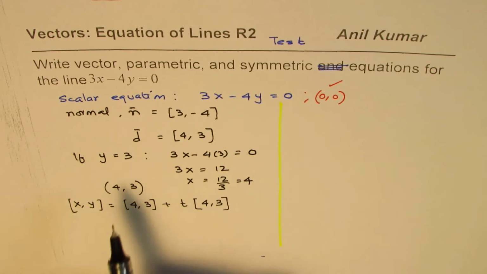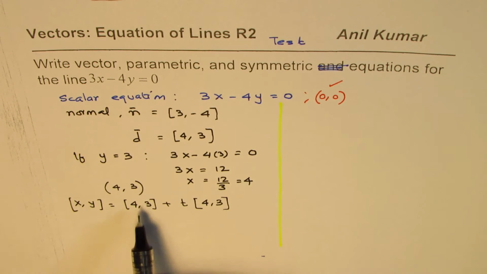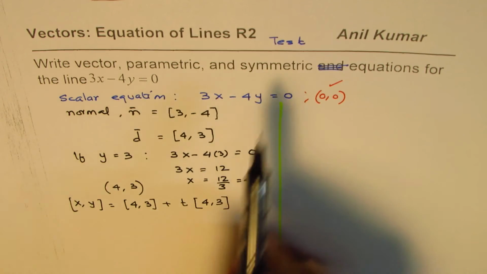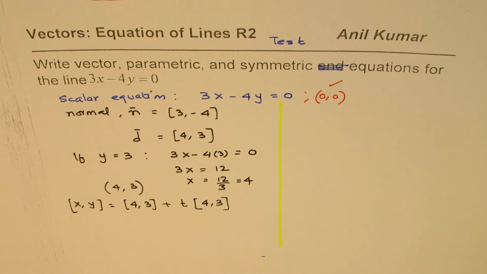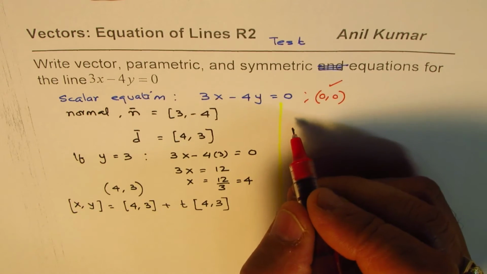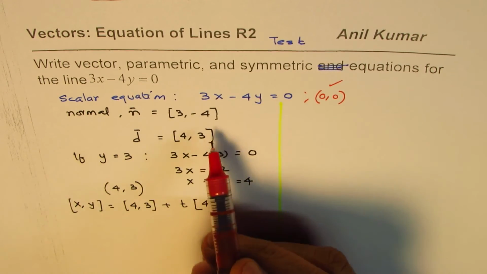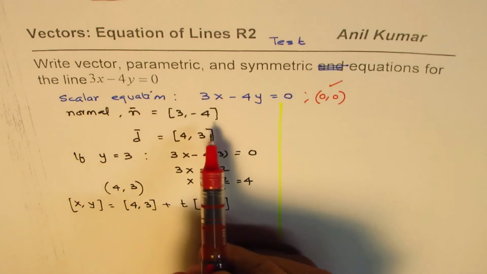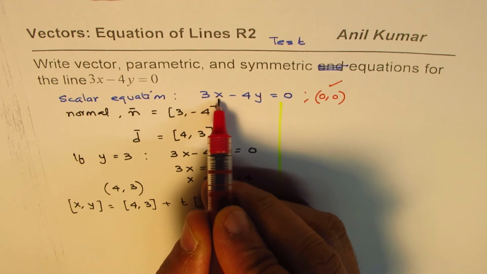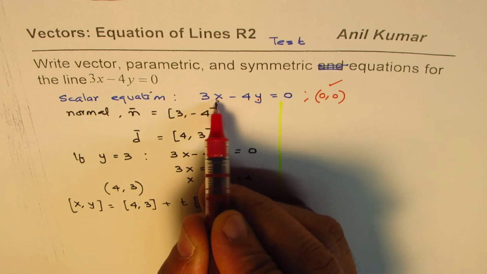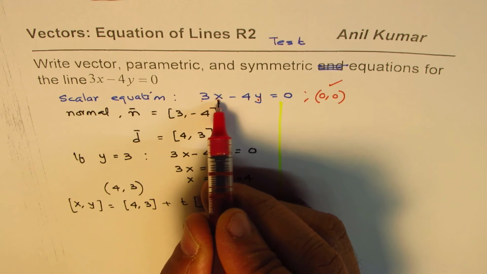Now, from this equation, it's very easy to write the parametric equation and the symmetric equation. You need to isolate t to do so, right? Now, what I will do here is provide you with a simpler and faster solution. As I was saying, we'll use (0, 0) as our point, since if I put 0 here, I get 0 for x also.